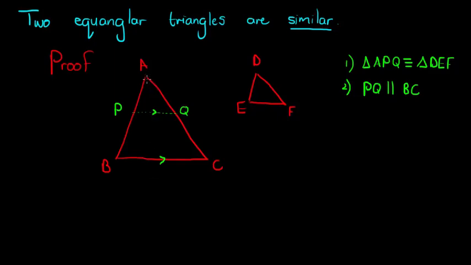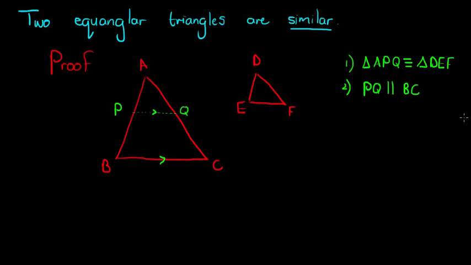And now we can use the previous theorem that we had. Remember, the previous theorem said that if I have a line parallel to this one, then the sides are in proportion. And because this is congruent to that one, we can just replace the sides that are in proportion with DE, for example, instead of AP.